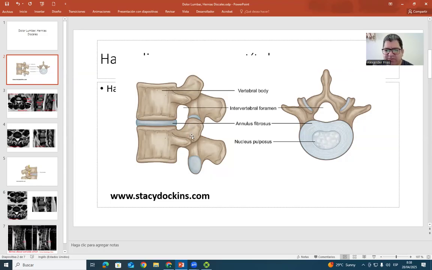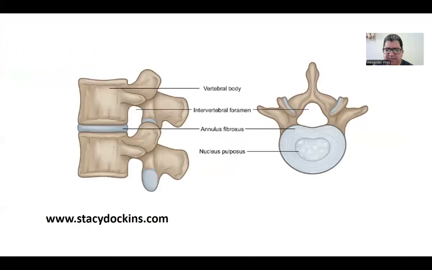Okay, then what happens if after this height decrease you keep this facet joint tension? The body also tries to fix the tension in the facet joint. How can the body try to fix it? It thickens the facet joint.